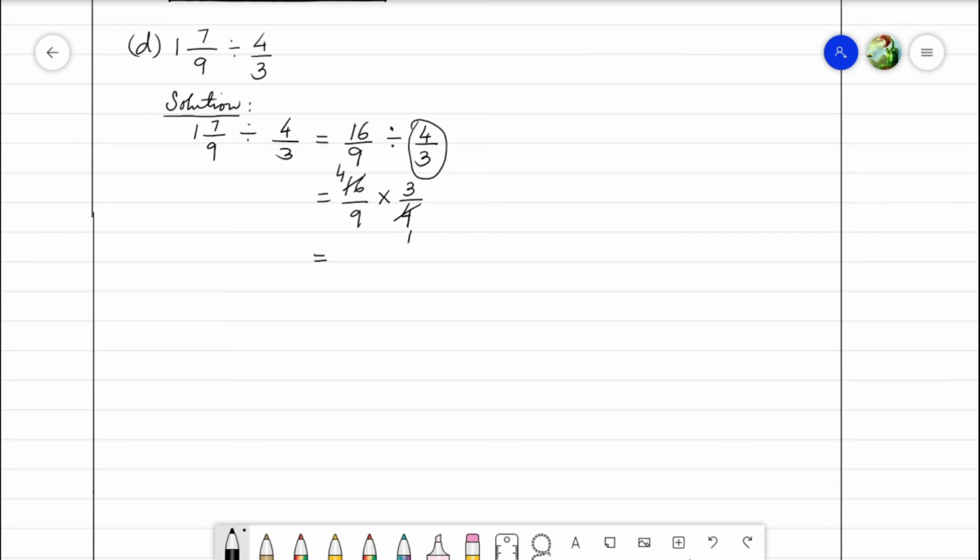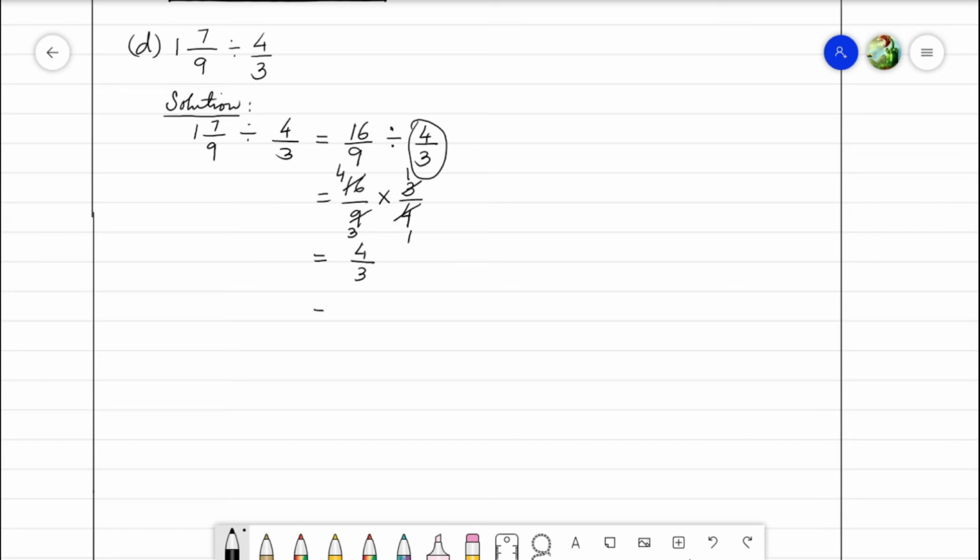Now I will check 3 with 9. Yes, there is a common factor, which is 3, so I will simplify it with 3. 3 1s are 3, 3 3s are 9. Okay, now 4 1s are 4 and 3 1s are 3. I will write here 4 upon 3.